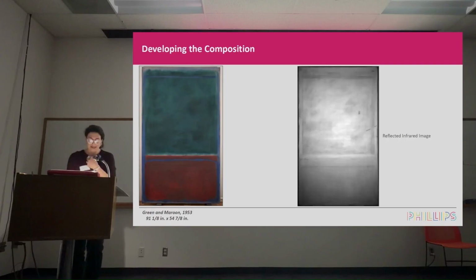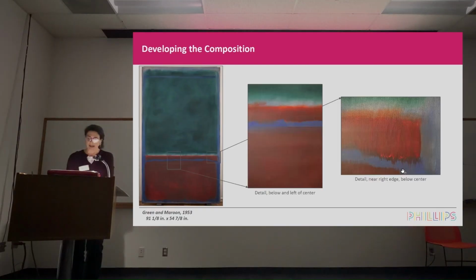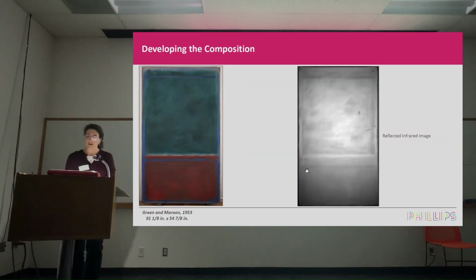So the infrared image of green and maroon reveals that the lower maroon field was initially divided into a narrow upper band, here, and a smaller rectangle below. You can just make out a suggestion of this division in the visible light image, sort of here, where there's a slight difference in the surface and the straight edge near the top of the red field.